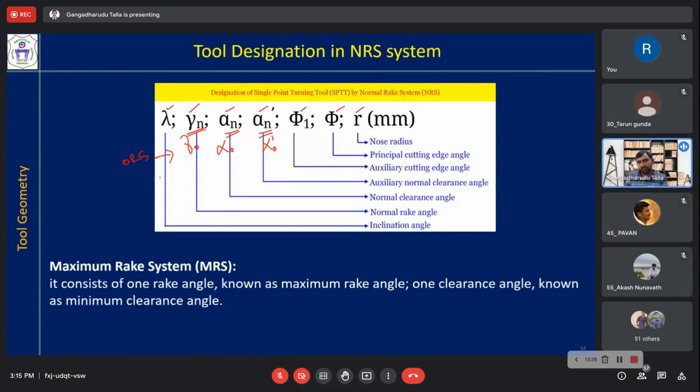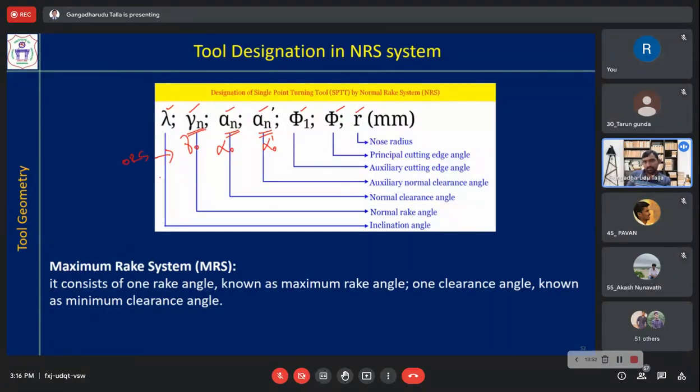If you observe carefully, in NRS system we are defining the tool geometry completely based on the tool only, I mean tool rake surface and flank surface. In ORS we are using that pi r reference plane, perpendicular to that. So we were not making use of the rake surface there.